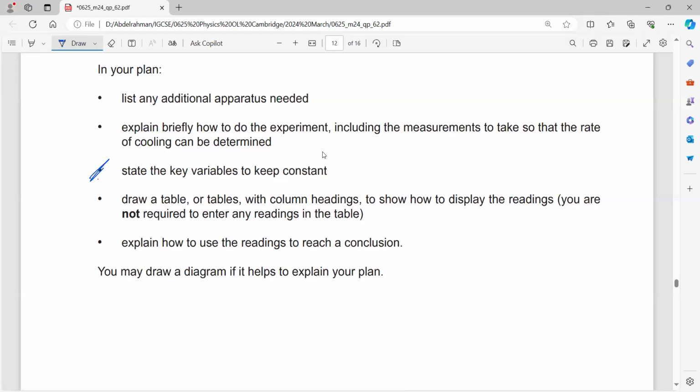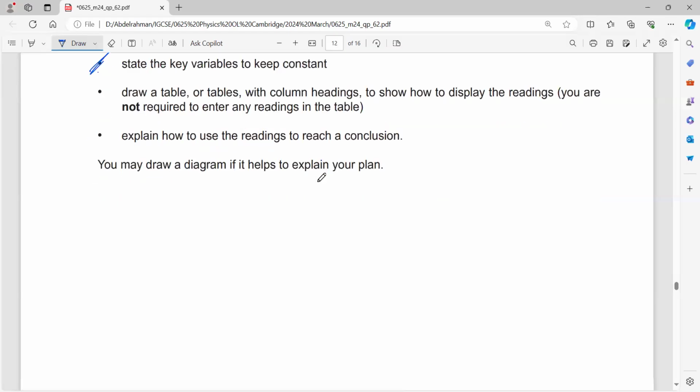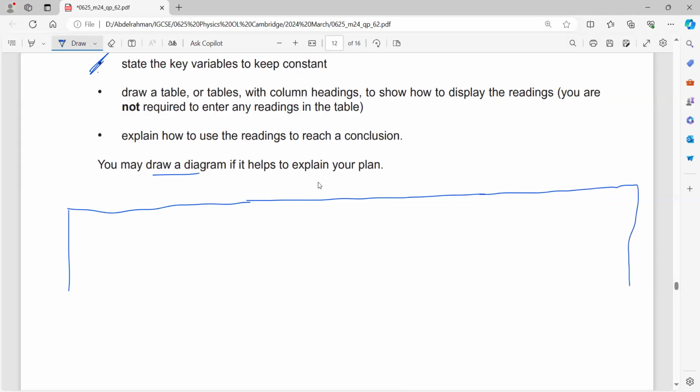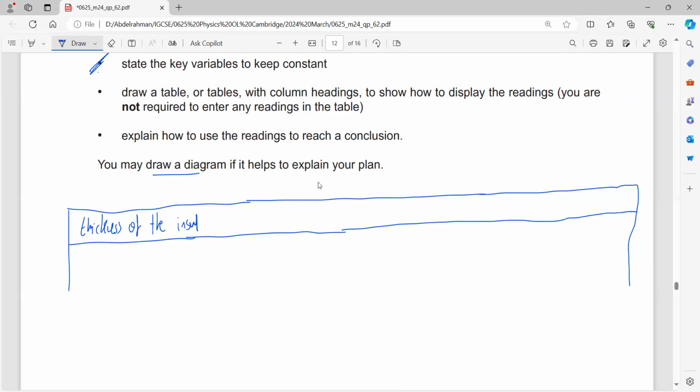So now I'm done with the apparatuses and the method. He needs me to draw a table. I can draw the table here. Again, you may draw a diagram, but you're not required to draw the diagram. I can draw the table in this space provided. The table would have quite some columns. First column would be the thickness of the insulation in millimeters.